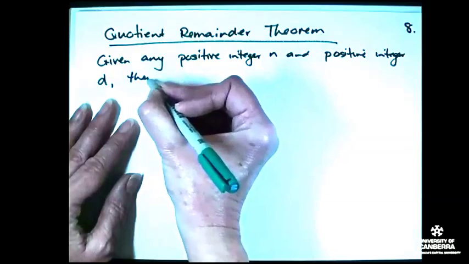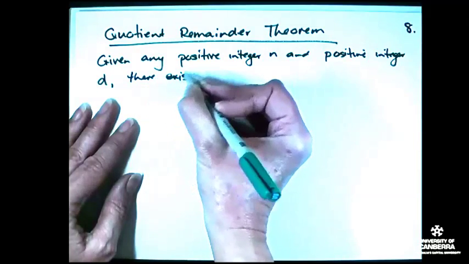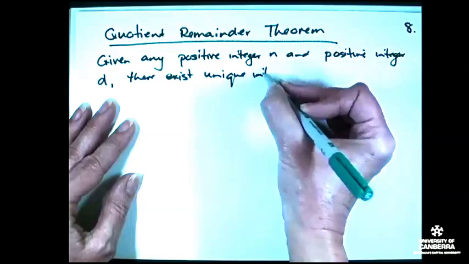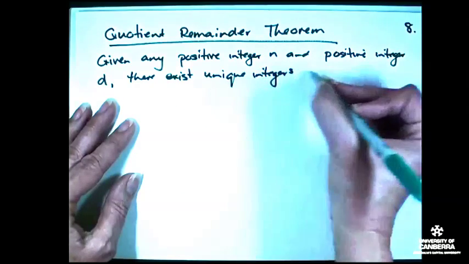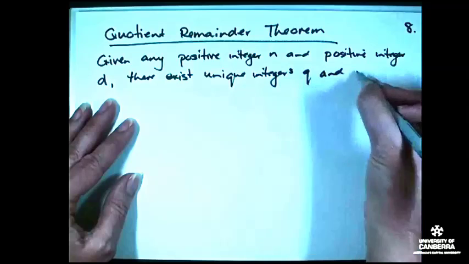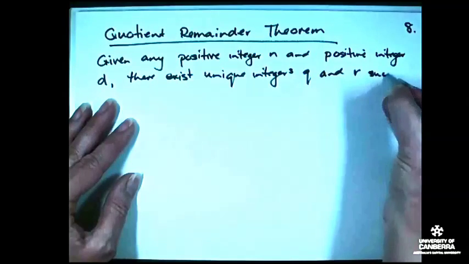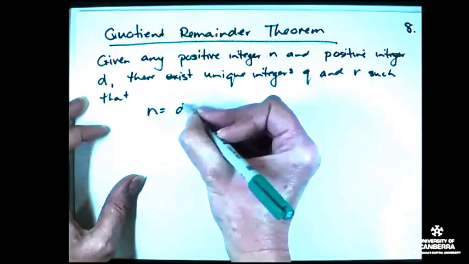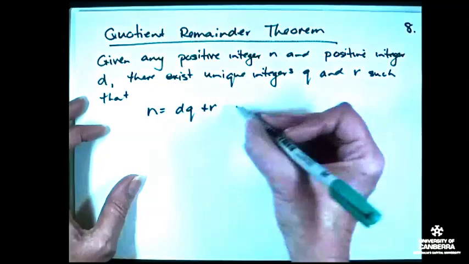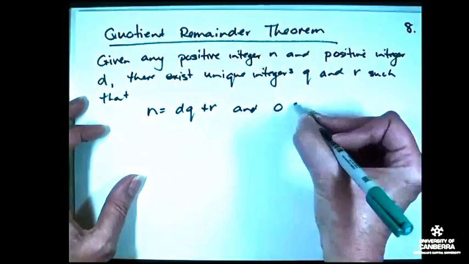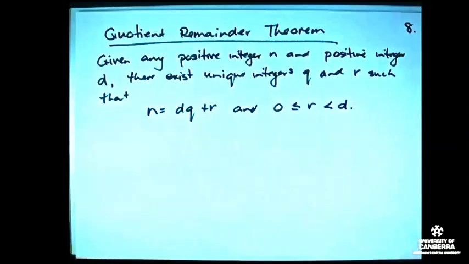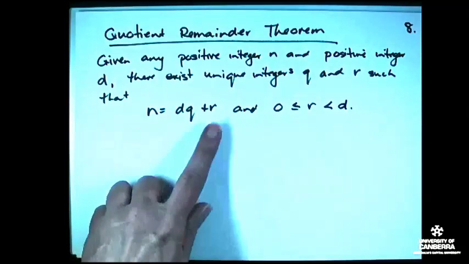There exist unique integers q and r such that n is equal to dq plus r and 0 is less than or equal to r is less than d. Okay. So we can write it up as its quotient and its remainder.